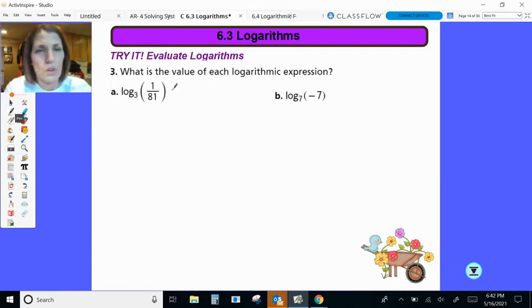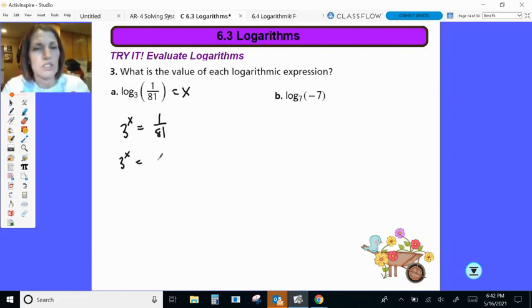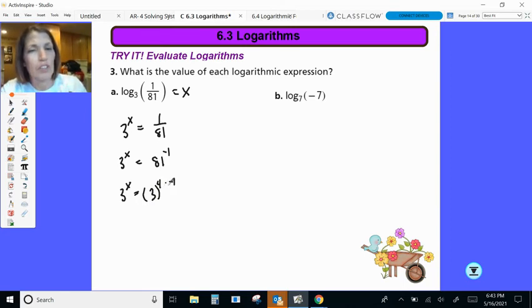Okay, so what does this evaluate to? In other words, 3 to what power gives me 1 over 81? Well, I have a base 3 here, so I'm going to leave 3 to the x equals, and I'm going to bring this to 81 to the negative first power. So 3 times 3 is 9, times 3 is 27, times 3 is 81. That's four 3s, so we're going to go 3 to the 4th power and times the negative 1 that's already there.